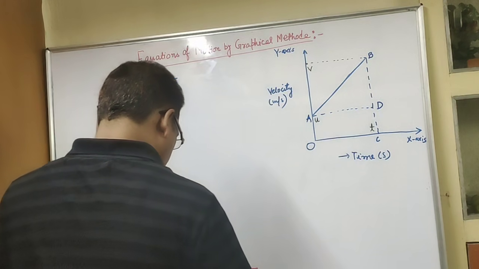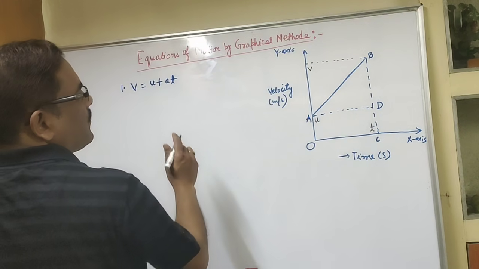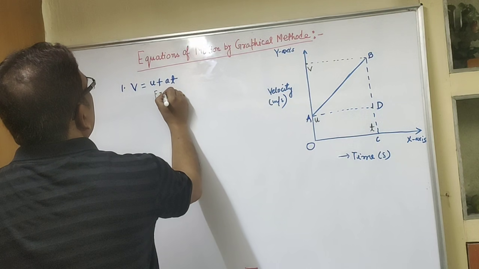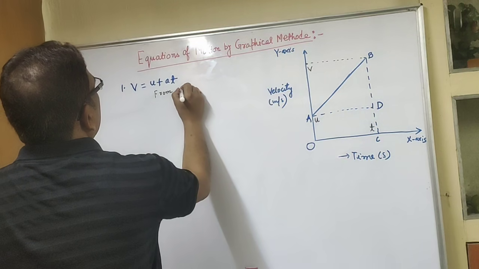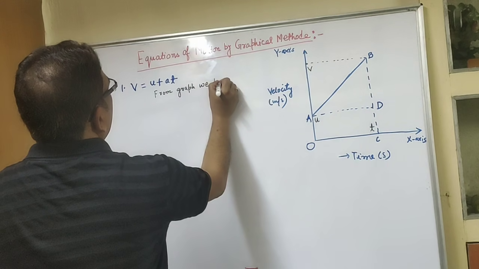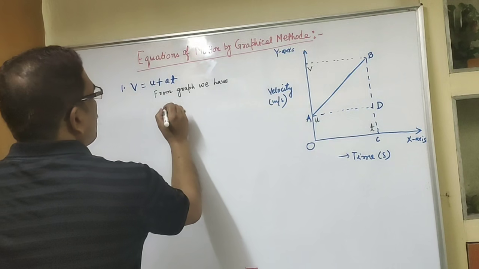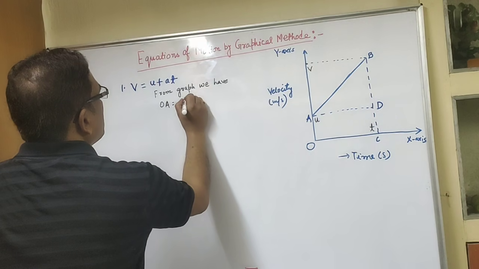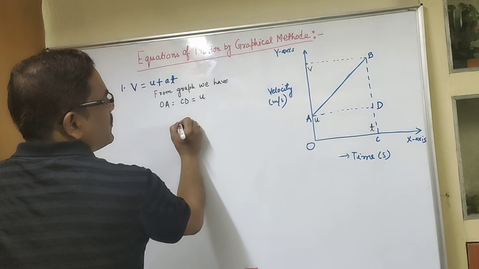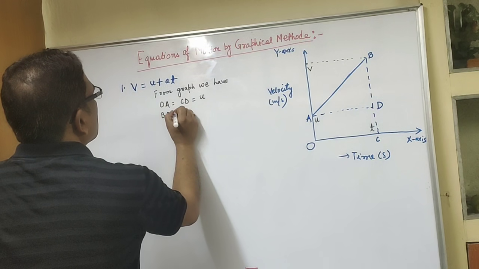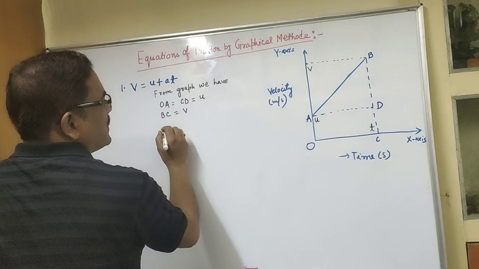Now from graph we can write OA = CD = u, and BC represents v.